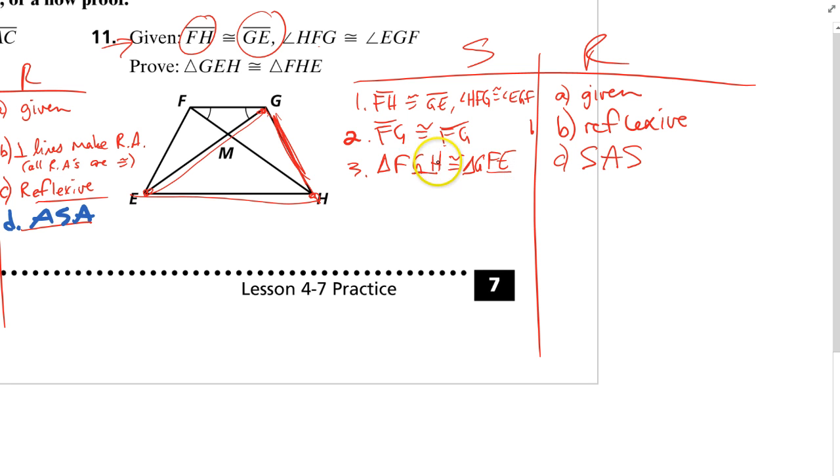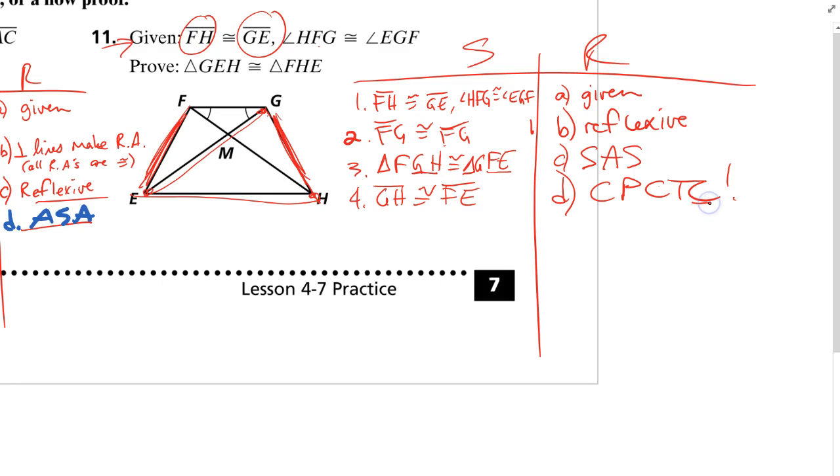See, it's my second and third letters, and sure enough, that's what's happening. GH is congruent to FE. But I haven't proved that anywhere else. Guess what? It is time for CPCTC. Yay!